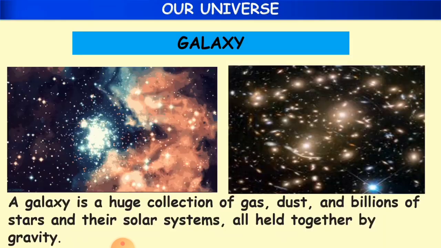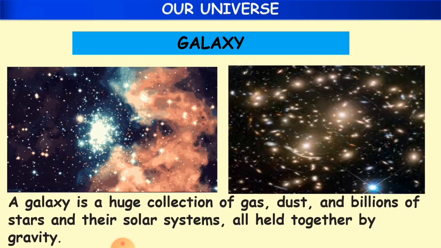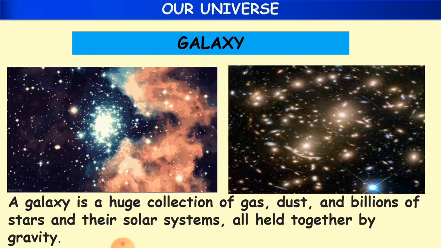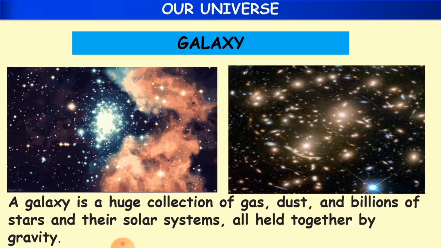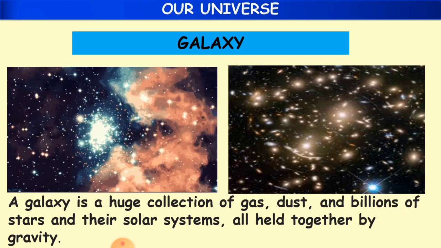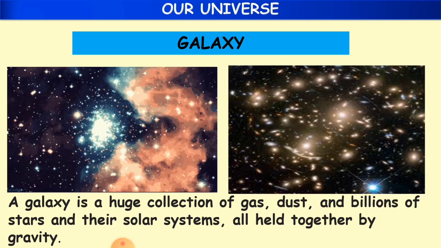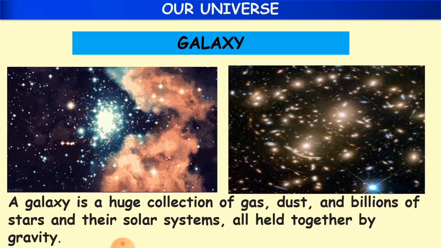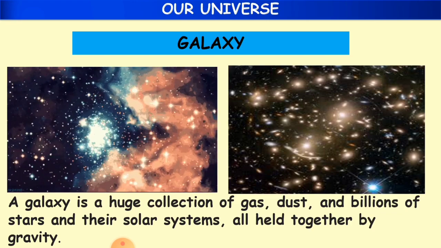Okay, now we'll move on to the galaxy. See here, galaxy, how beautiful it is to see. It is a very great vision for the eye to see these colorful things which are there in the sky. So what is this galaxy?